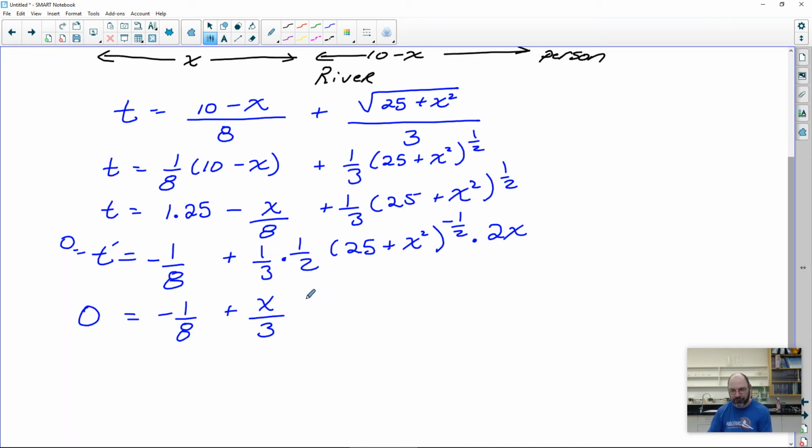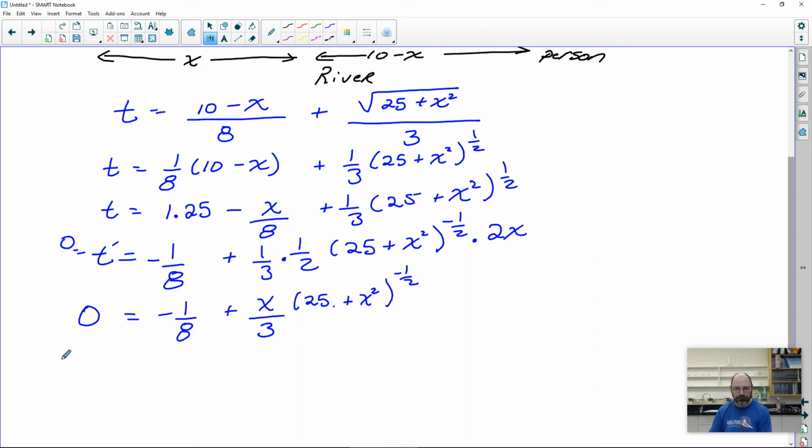And then this stuff. Sorry, I guess it's x over 3, because the 2 would cancel out, and you get x over 3. Plus 25 plus x squared to the power of negative 1/2.